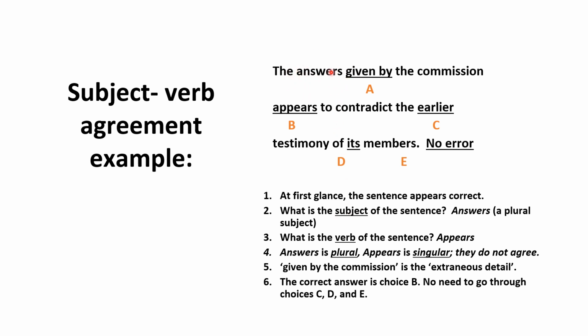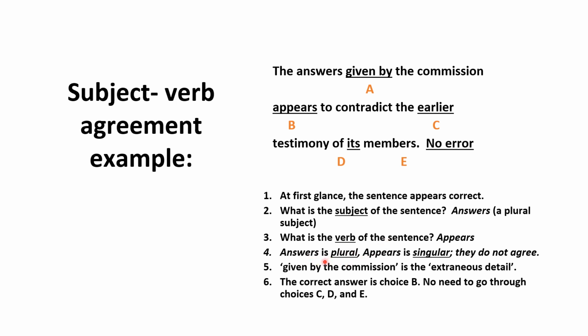Answers is plural. Option A, given by. Does it violate anything? No, it doesn't. Next, the verb is appears. The subject answers is plural. The verb is appears. Appears is a singular verb, not a plural verb.